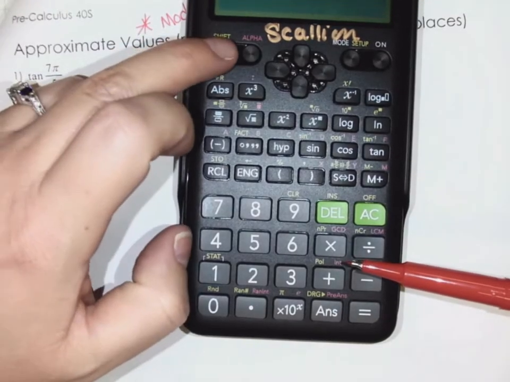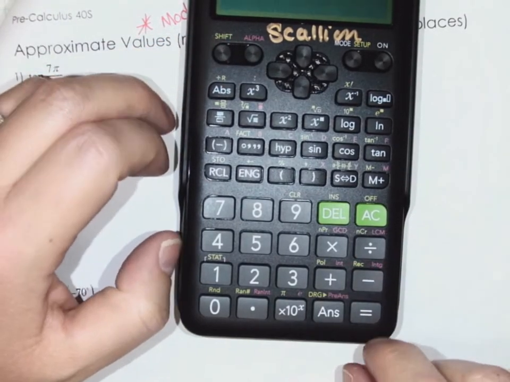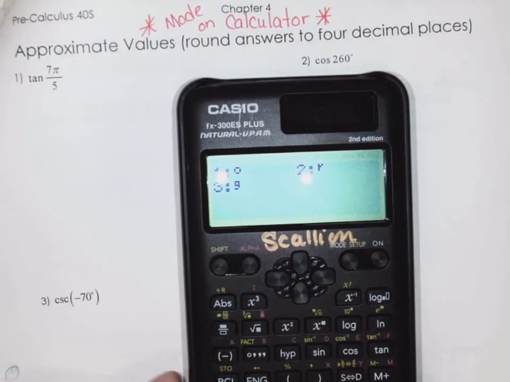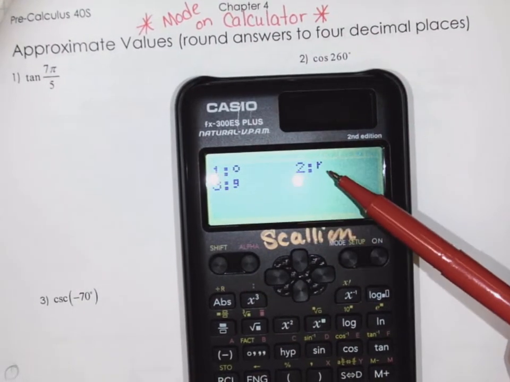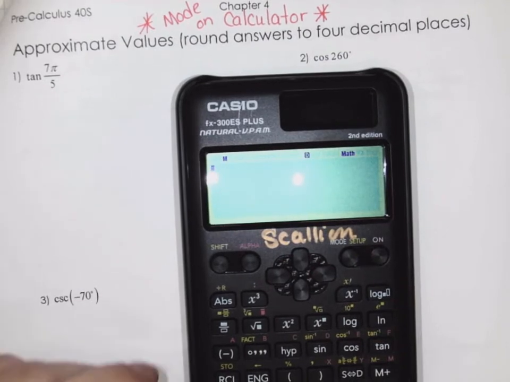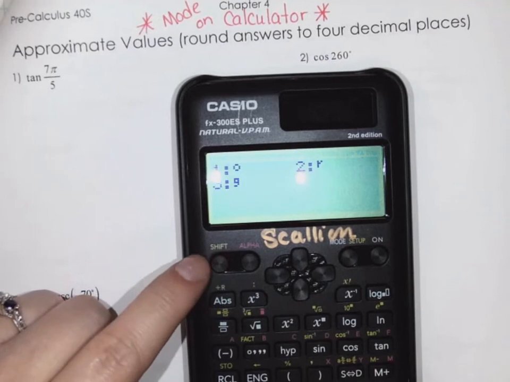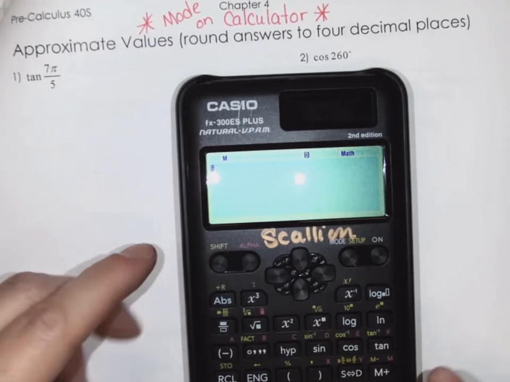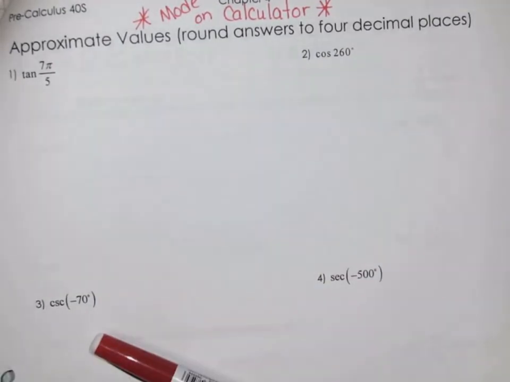So I have to hit shift and then I come here and it's like, do you want degrees, do you want radians, or do you want gradians? And I want option number 2. Oh, why didn't it go? Okay, that did not change my calculator.